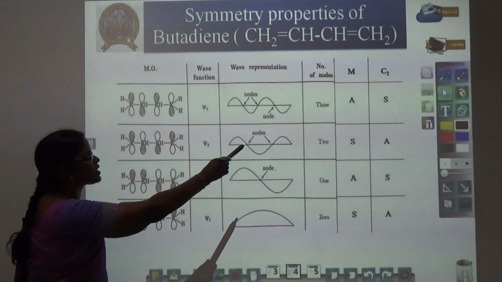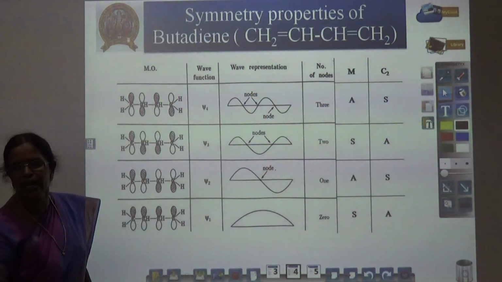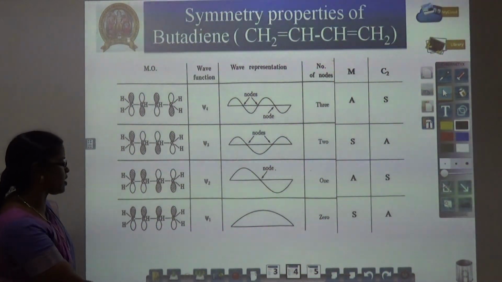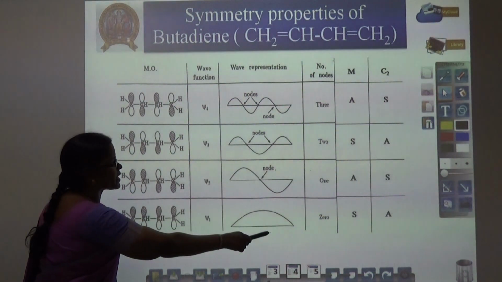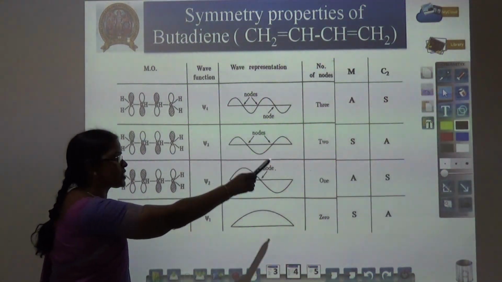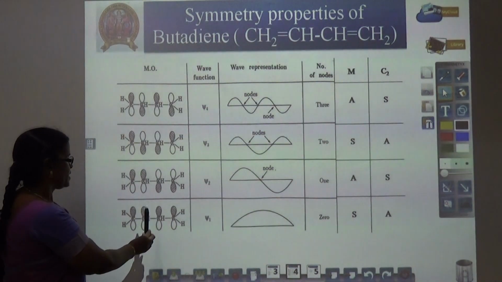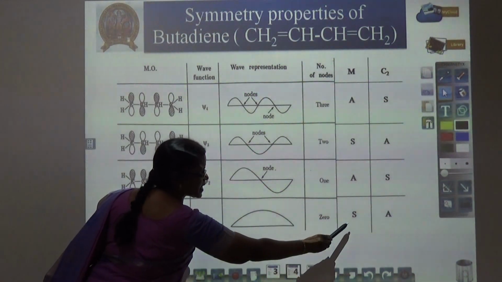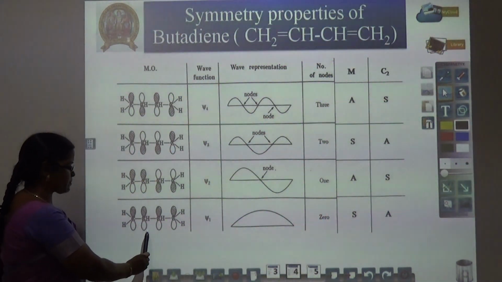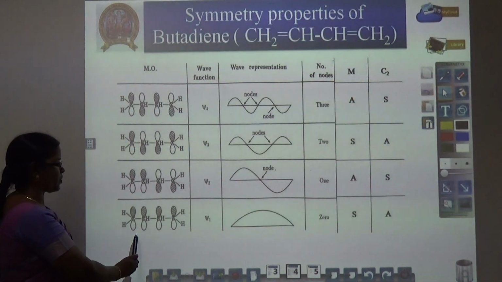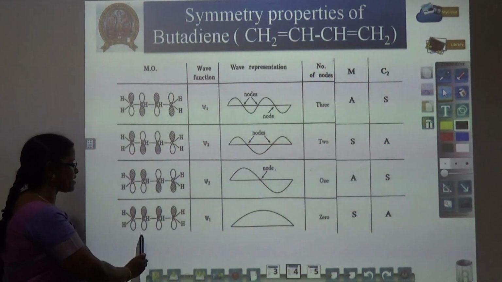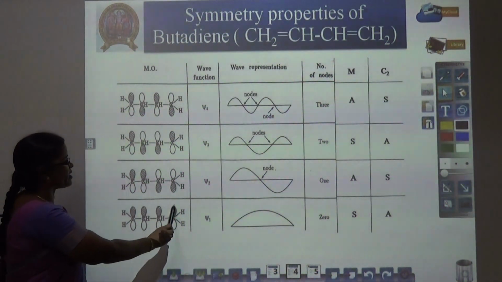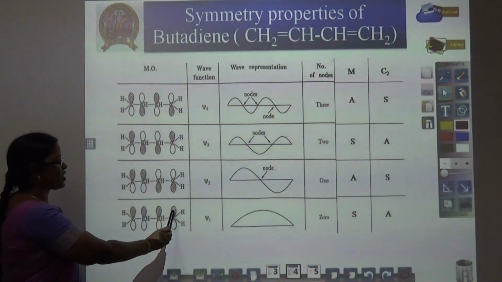Then that molecular orbital is designated as symmetric or asymmetric based on the mirror plane symmetry and the C2 axis of symmetry. This is the mirror plane symmetry, dividing it into 2 identical halves, so it is designated as S. If this molecular orbital is rotated by 180 degrees, the shaded area will come down and the unshaded area will go up.